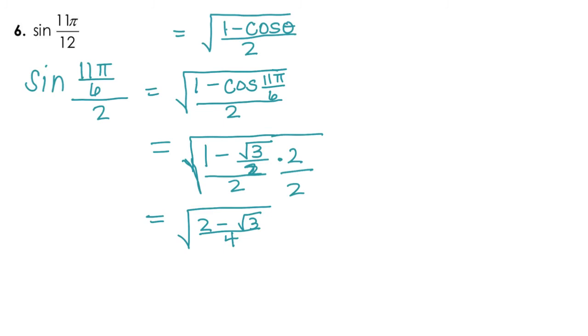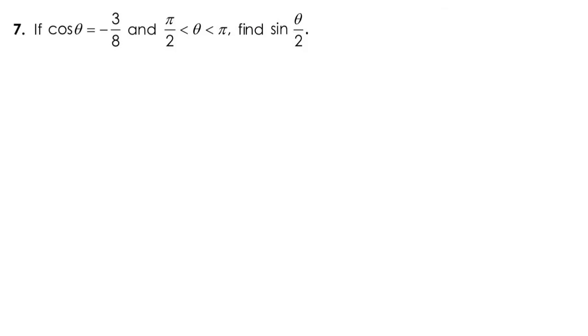Okay, looking at our next one. Right, so we need to find sine of theta over 2. So let's write out, what does sine of theta over 2 look like?